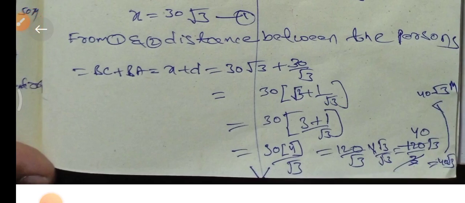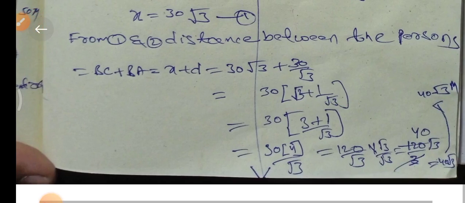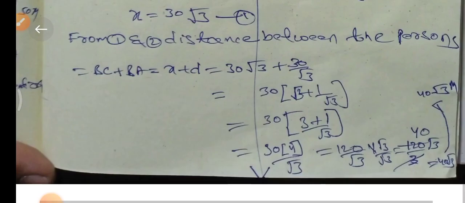So it is 30 into 4 by root 3, which is equal to 120 by root 3 into root 3 by root 3, which is 120 by 3 into root 3, which is 40 into root 3 meters.